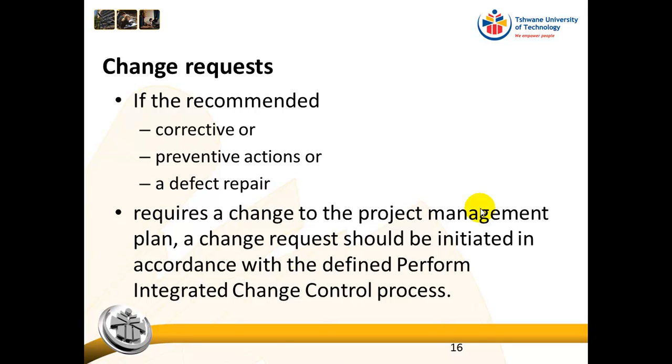So that means that our checklist has to be updated, and that this is a change to the project management plan. And a change request should be initiated in accordance with a defined perform integrated change control process. So if you remember in PJPA, we talked about the integrated change control process as part of project scope control.